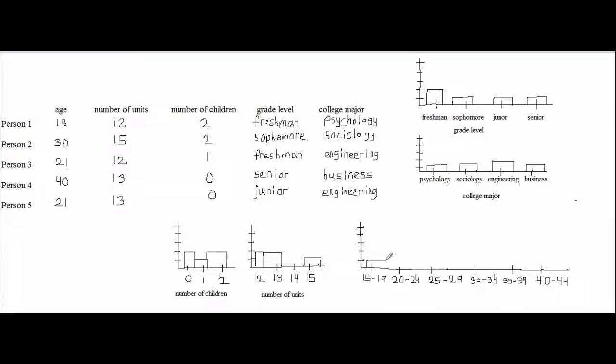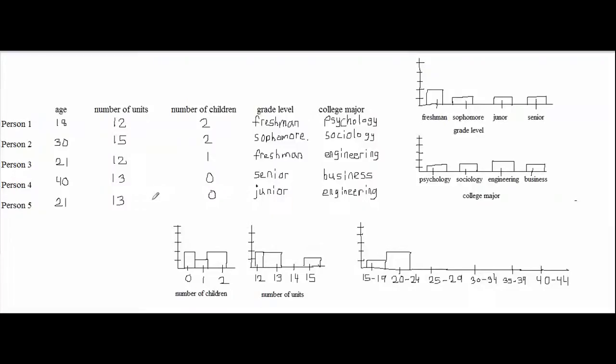So we'll go up to the first tick mark. Next we have to find out how many numbers are there in the age column between 20 and 24. Well, 21. Looks like 21 is the only number that's between 20 and 24. So there's two numbers that are between 20 and 24. So this goes up to the second tick mark.